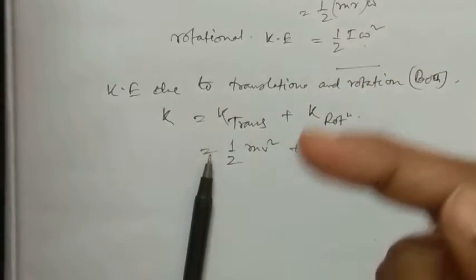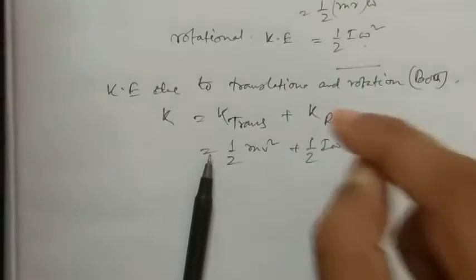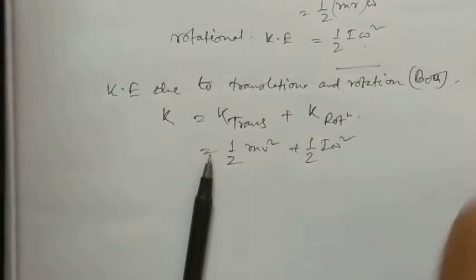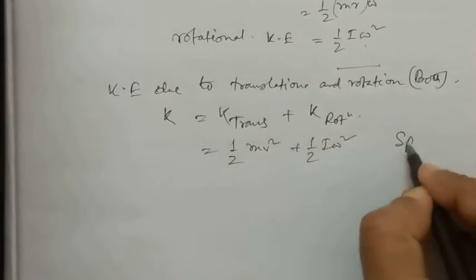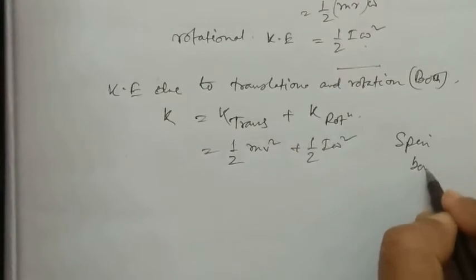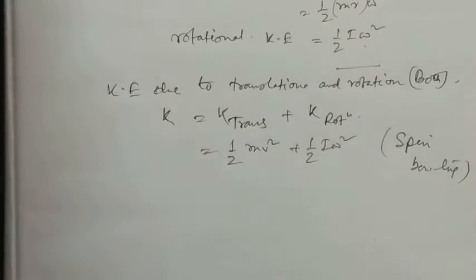So the ball has rotational kinetic energy. The best example to describe a motion which is both translational as well as rotational is spin bowling.